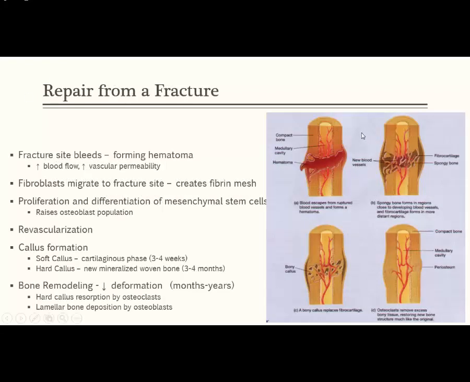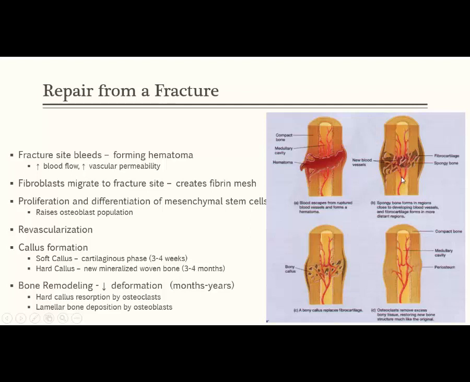Here we have a fracture site, we have some bleeding and a hematoma, and you end up with increased blood flow and increased permeability of the vessels. You have fibroblasts that are creating a mesh of fibrin, and lots of different mesenchymal stem cells that are going to differentiate into osteoblasts.